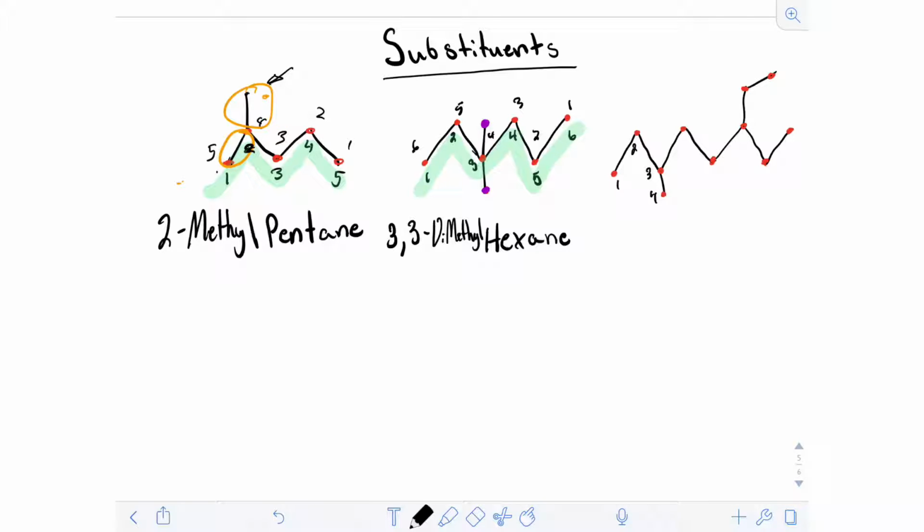Clearly that's too short, so I'm going to get rid of that. You can go 1, 2, 3, 4, 5, 6, 7, 8. And if you wanted to start this way, you could also do 1, 2, 3, 4, 5, 6, 7.